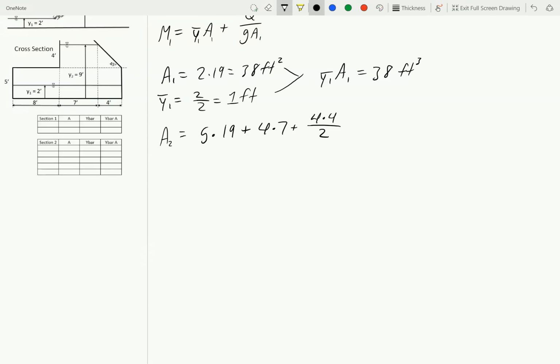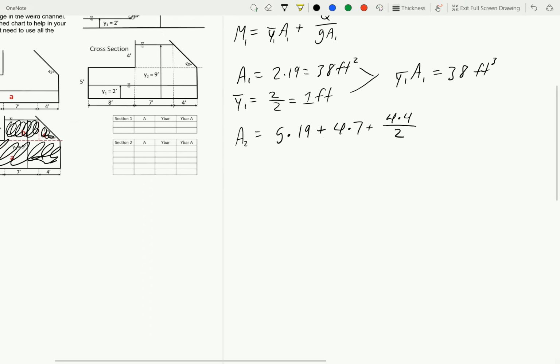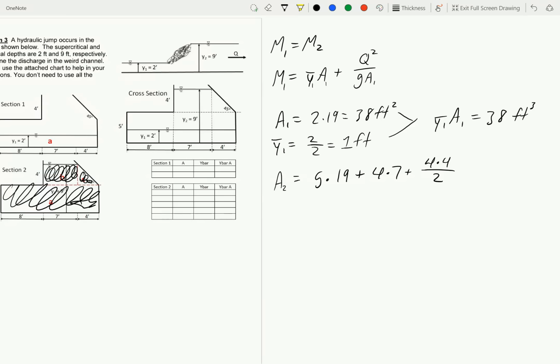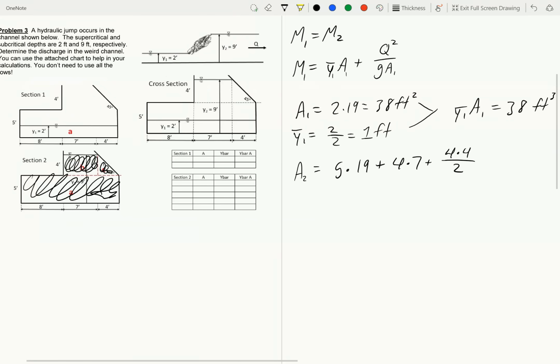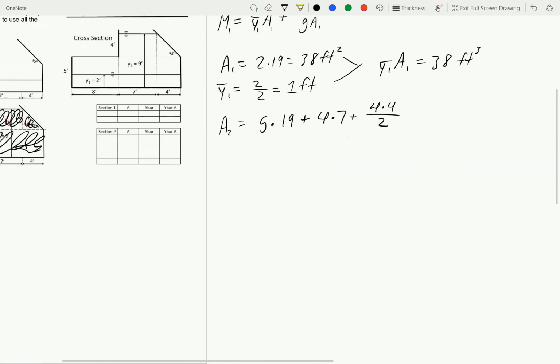Now, in order to find the centroid of this thing, we have to multiply the centroid of each individual piece times the individual area of each piece.